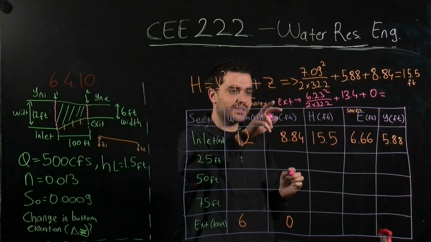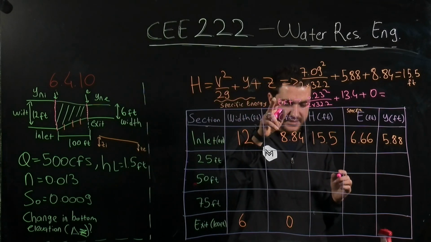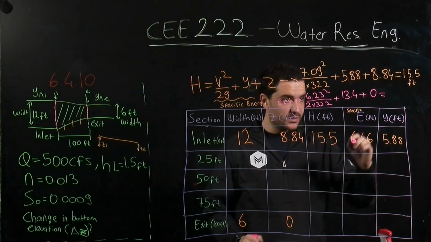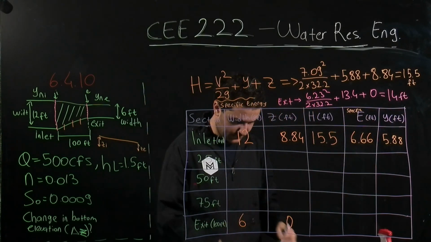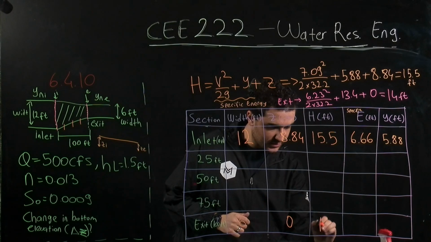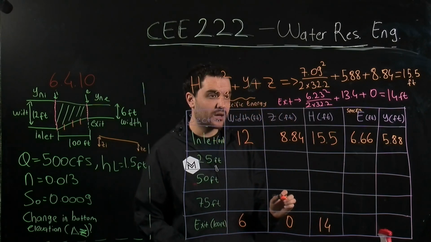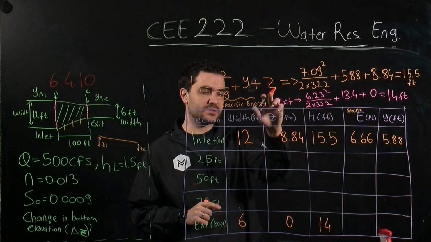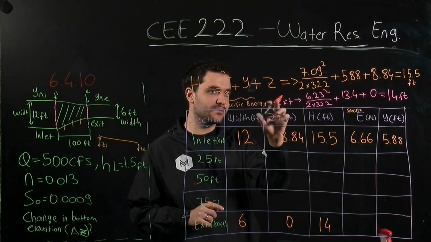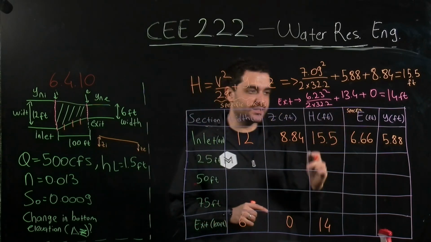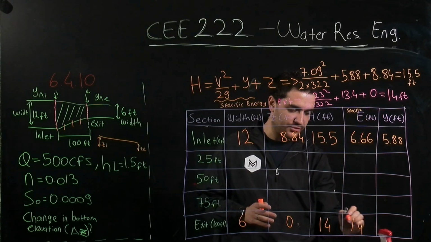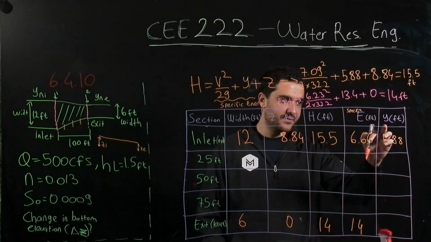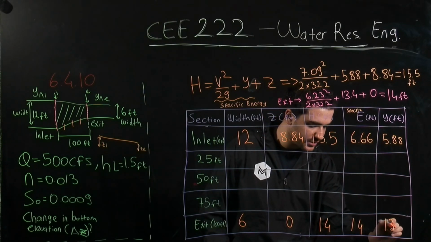So the total energy at the exit is 14 feet. Let me write that. As I mentioned, we needed to remove the bottom elevation from this equation to calculate the specific energy. Since it's already 0, we will have 0 again. And finally, the depth was 13.4.